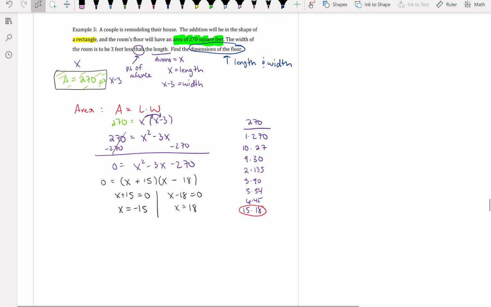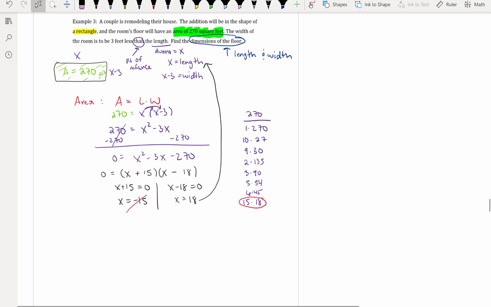So remember what I said before, measurement, dimensions, length, width, or even time cannot be negative. So because I'm talking about measurement, I cannot have negative 15 feet or negative 15 inches, right? So I'm going to have x is equal to 18. So what did x represent? Oh, it represented my length.